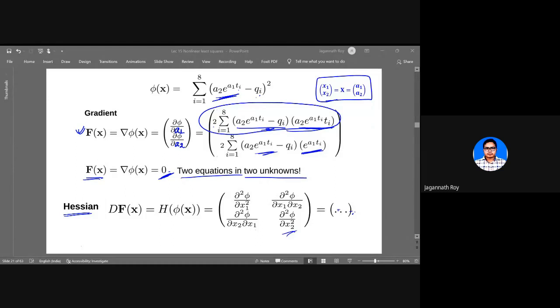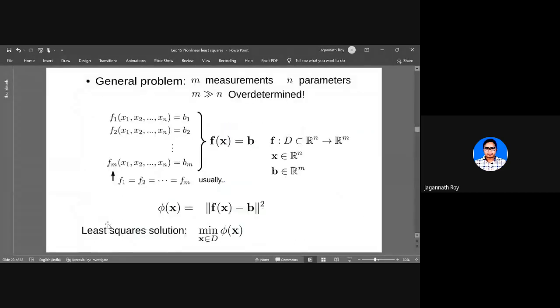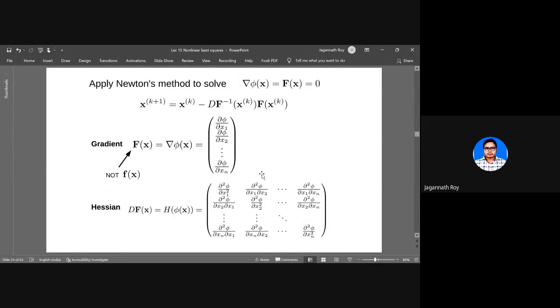Right. We will now try to find out the working formula for this nonlinear least squares. This is already discussed. For Newton's method, the Hessian matrix will be of this form. This is the gradient we have seen, and then we have seen the Hessian matrix of this form.